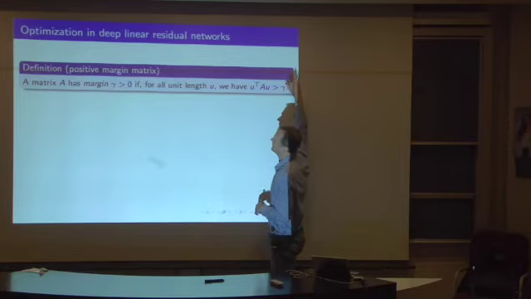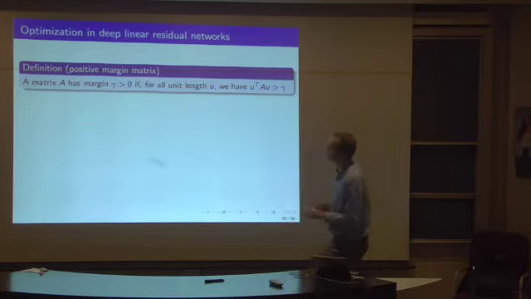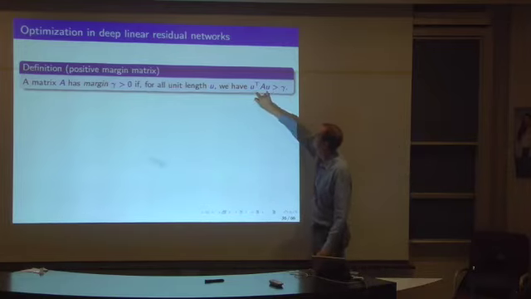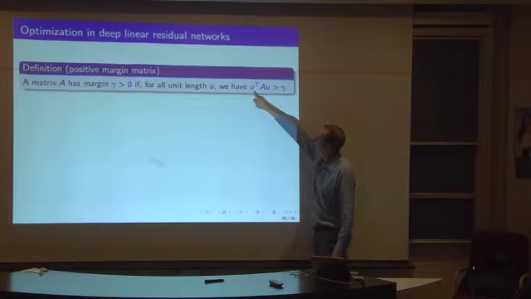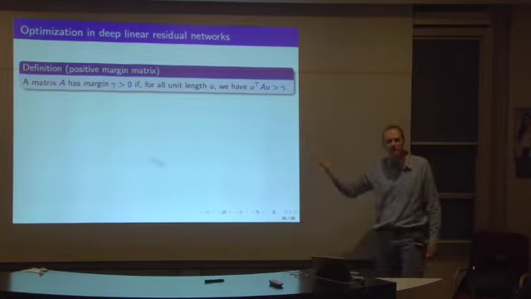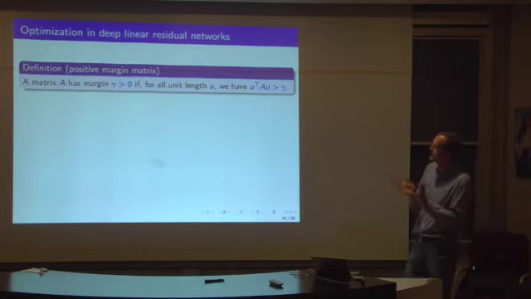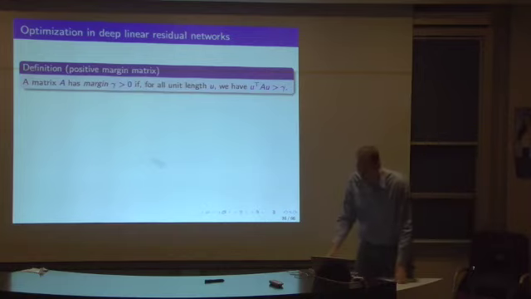We're going to consider positive definite matrices. So we'll define this positivity condition: for all unit length u, u transpose A u is bigger than some number gamma that's greater than 0.